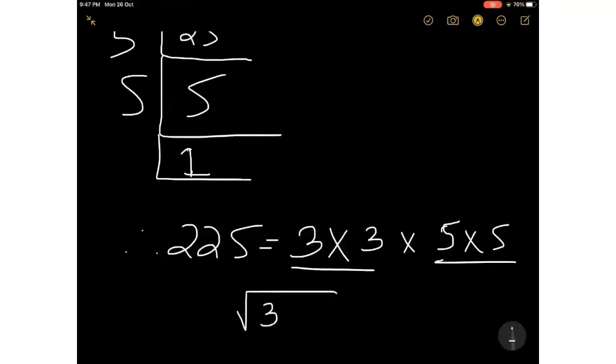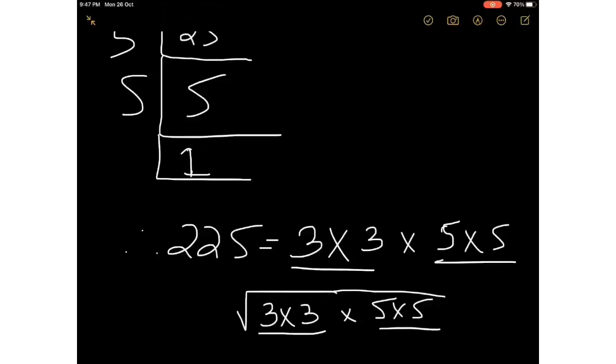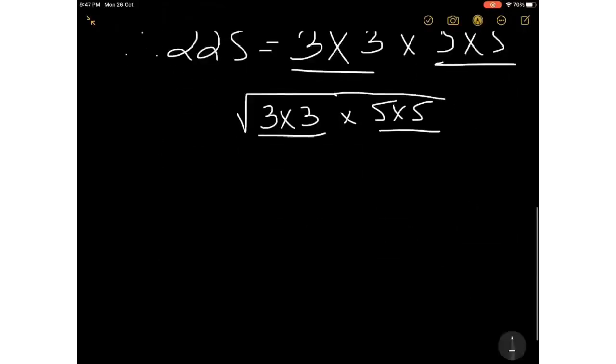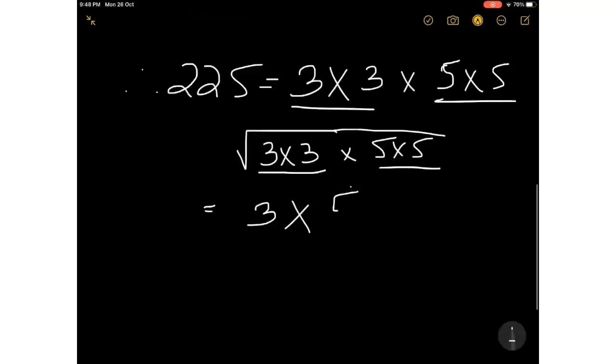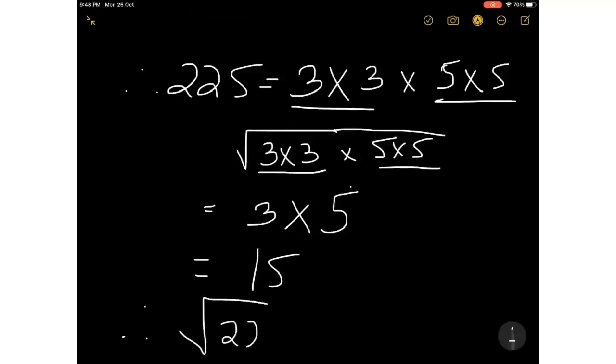So square root of 3 into 3 into 5 into 5. After this process, the sum comes as 3 into 5. So we derive the answer as 3 into 5 is equal to 15. Yes, so the square root of 225 is 15.